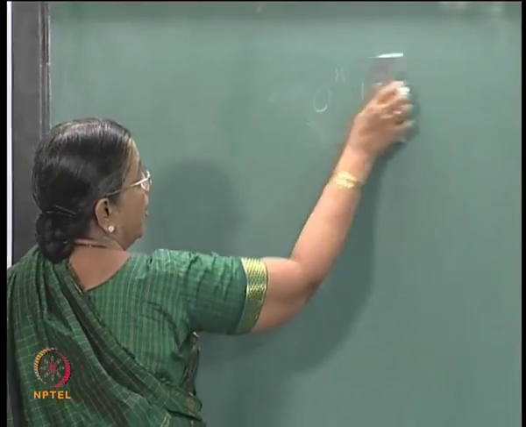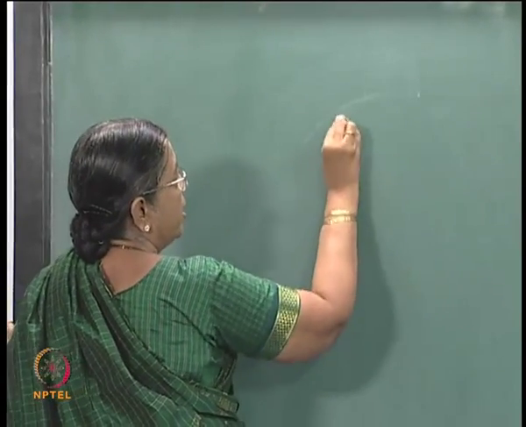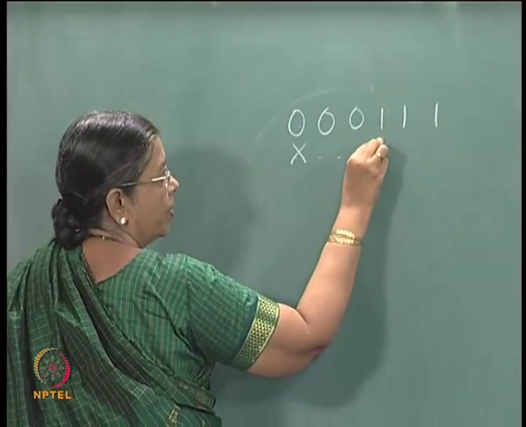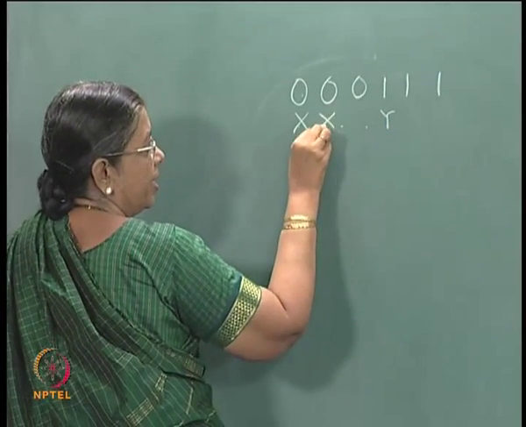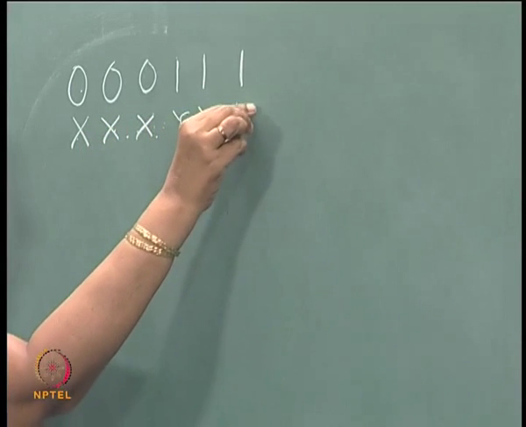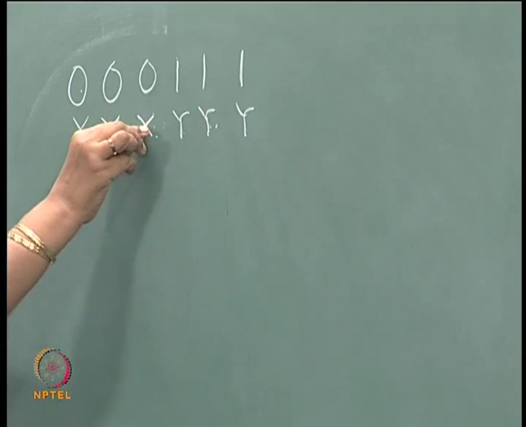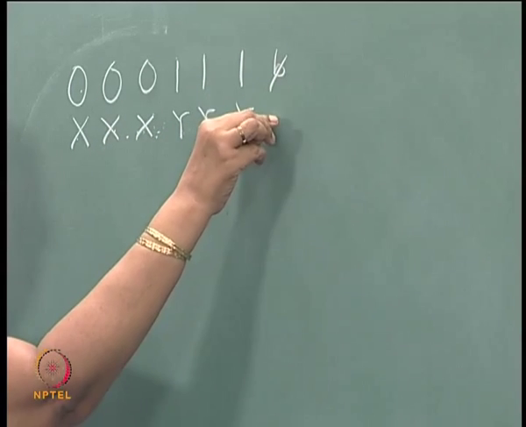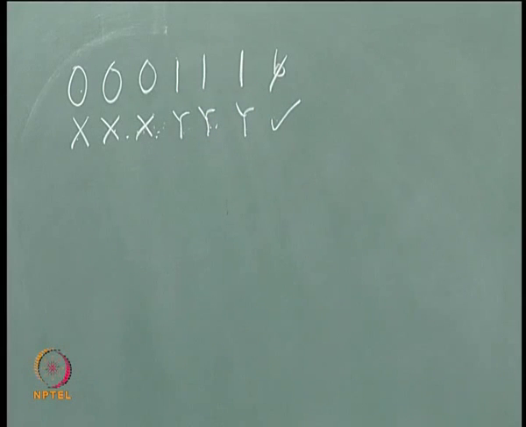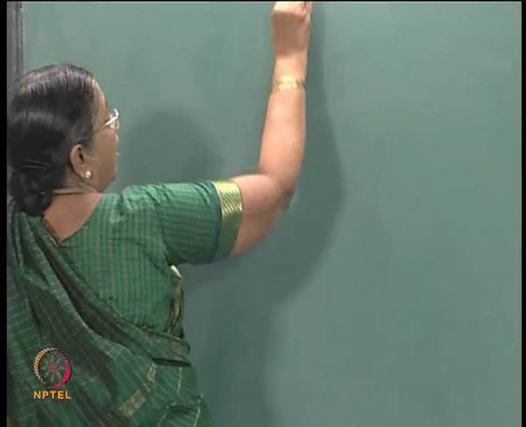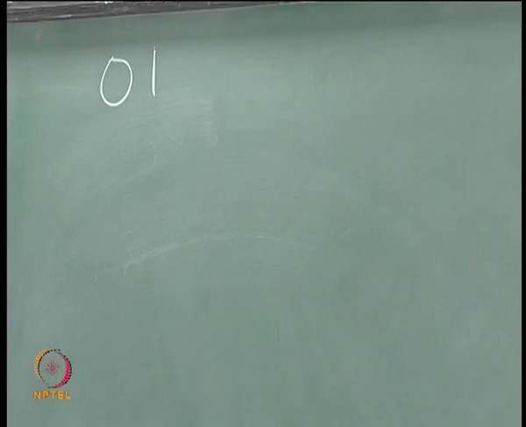Given a string like this, it changes this into an X, goes here, changes this into a Y, comes back, changes this into X, changes this into Y, comes back, changes this into X, goes and changes this into Y, comes back, and when it finds that there are no more zeros, it has to see that there are no more ones, and when it encounters a blank here, it puts a tick mark and halts, saying that the string is accepted. So this machine has to accept 0 1.